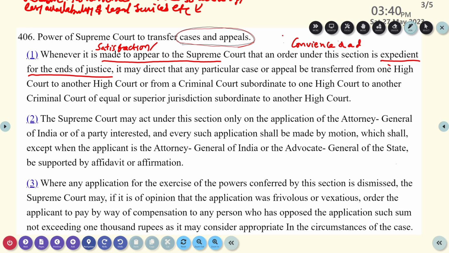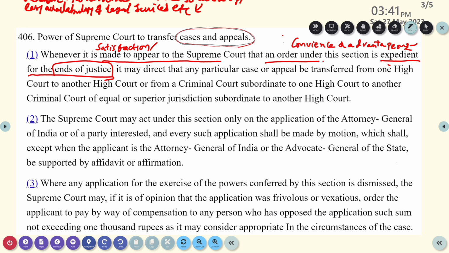Convenience or advantageous. So, the Supreme Court has to be satisfied that an order has to be passed under this section. Why? Because it is expedient, because it is convenient or advantageous for the ends of justice. So, here the ends of justice is important.